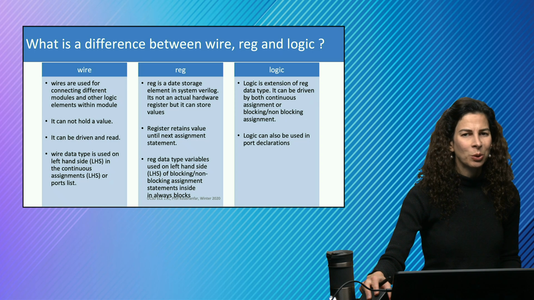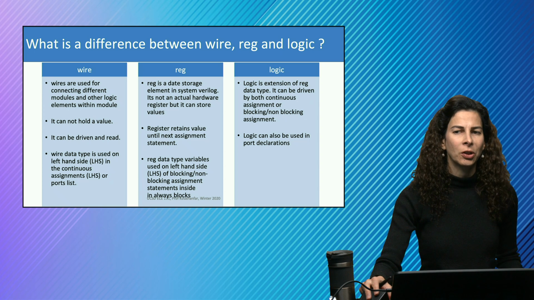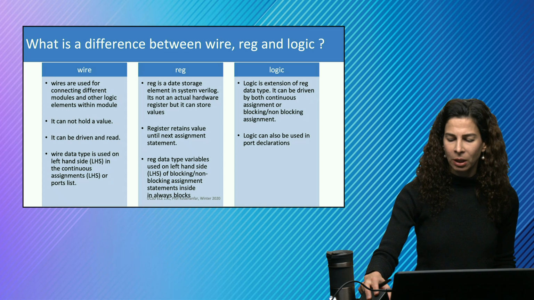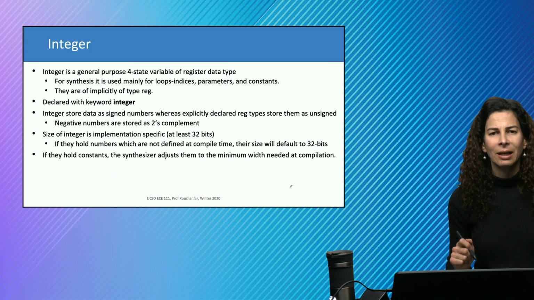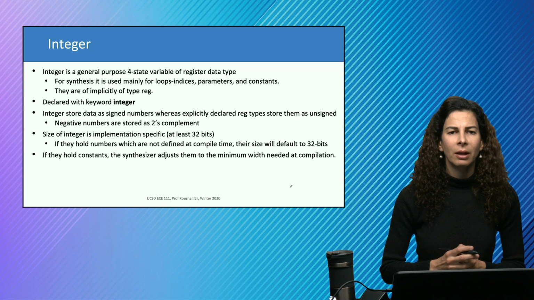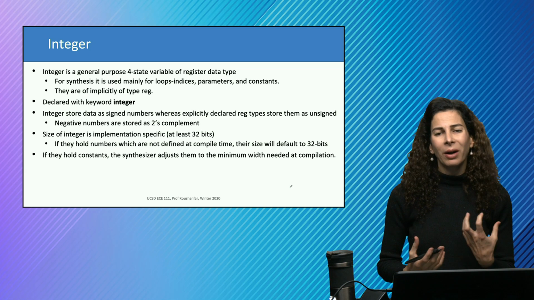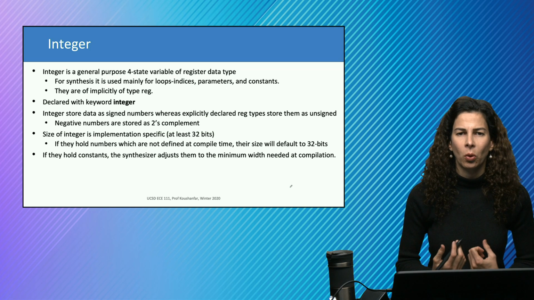This slide shows a summary of the differences between wire, register, and logic that we described earlier. If you want a side-by-side comparison, please go through this. Integers are typically a four-state variable, and for synthesis, they are usually used for parameters that take integer values, like constants.